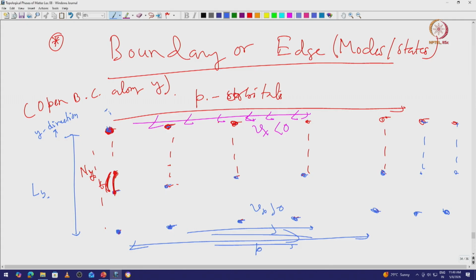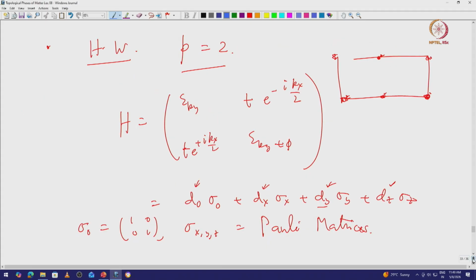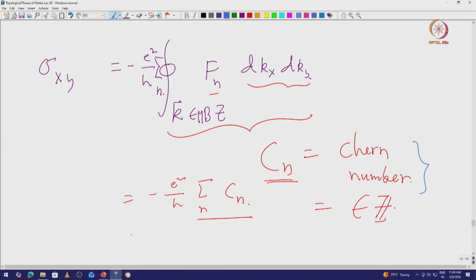So, conceptually they are the same thing, but mathematically we are doing it in a different way and we get the same result. Okay. And this was the beauty of TKNN, which gave us the first intuition that the quantum Hall effect is also nothing but topology.